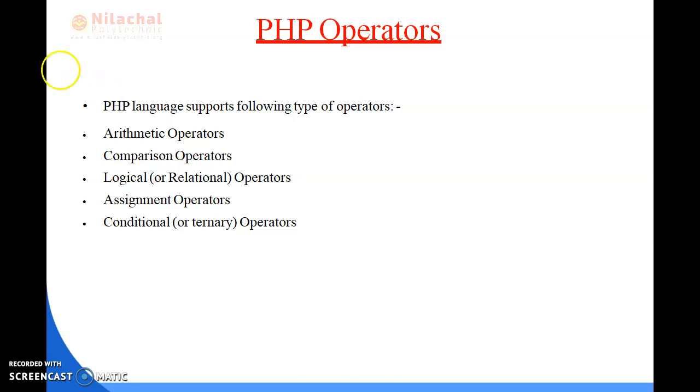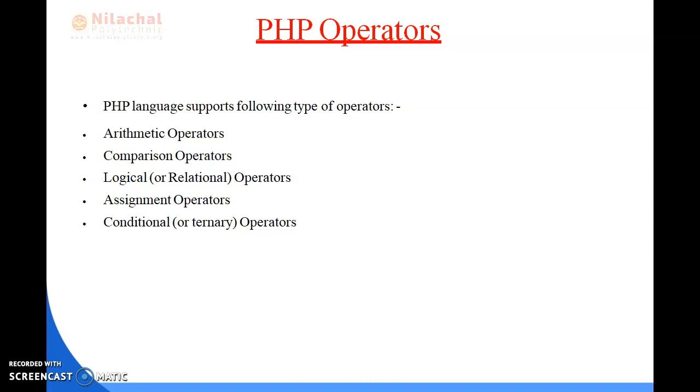Next, PHP comparison operators. The PHP comparison operators are used to compare two numbers or two strings. Examples are equal, identical, not equal, not identical, greater than, less than, greater than or equal to, and less than or equal to.